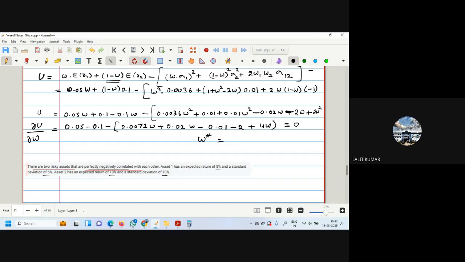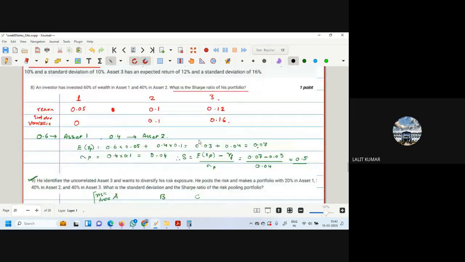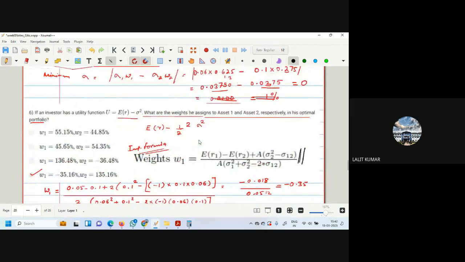Is this okay? This way we don't have to remember the complicated formulas. Yes, got it. Thank you. Now we go to the next question.